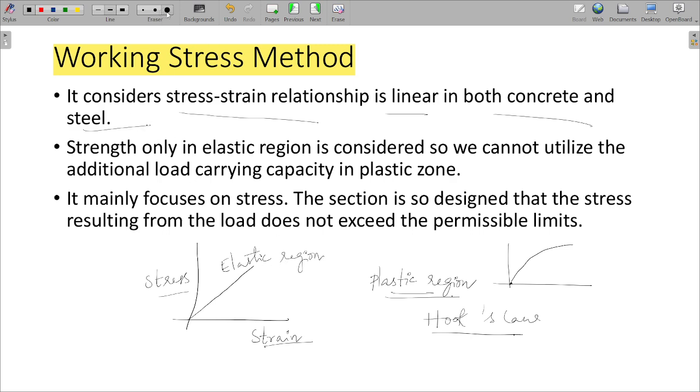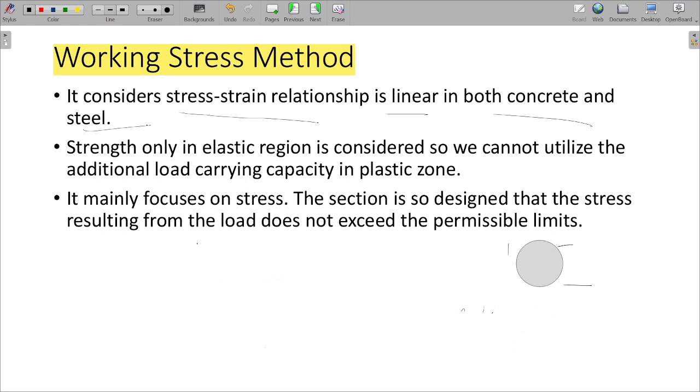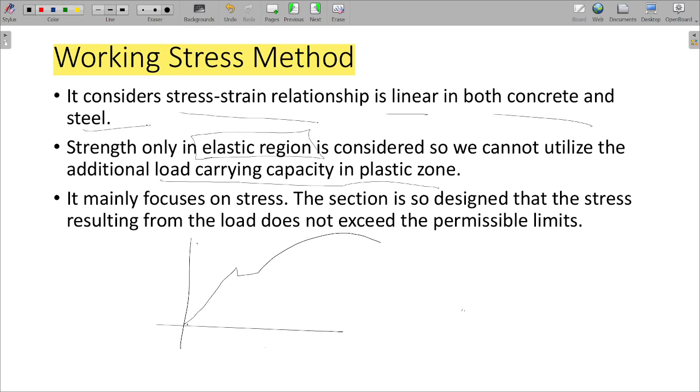And the second thing is, as I mentioned earlier, strength is considered only in the elastic region, and we cannot utilize the load carrying capacity in the plastic zone. Because we know, if it is the stress strain curve of the steel, up to here it is elastic region.